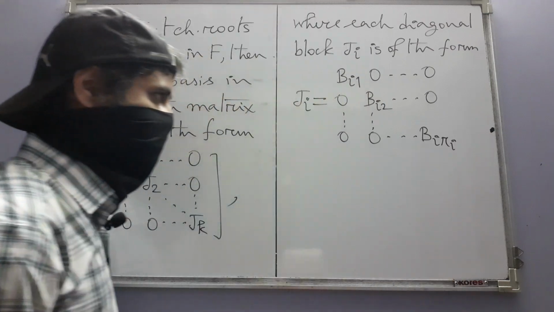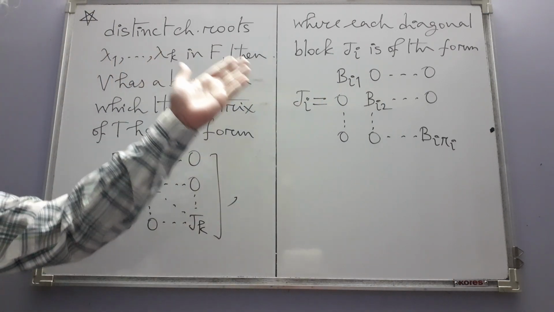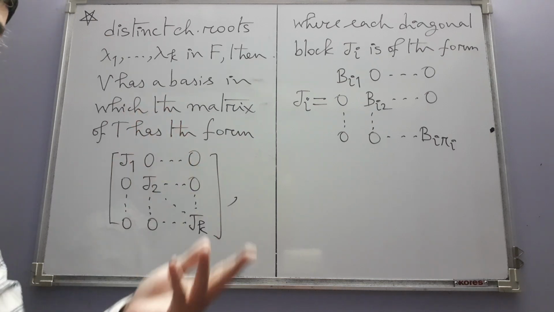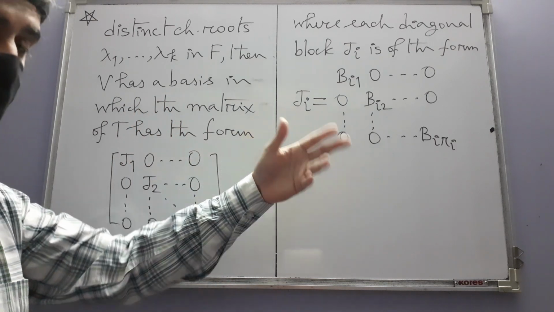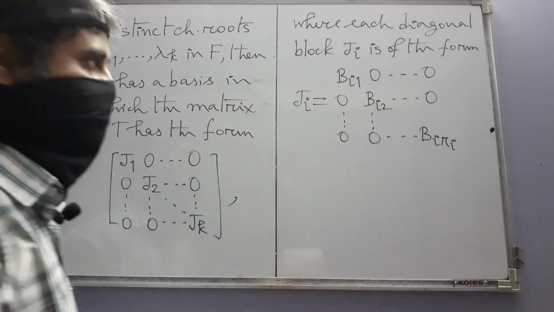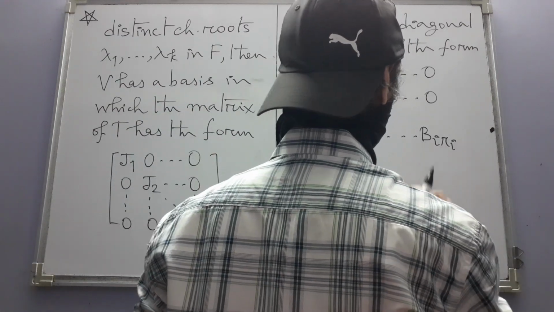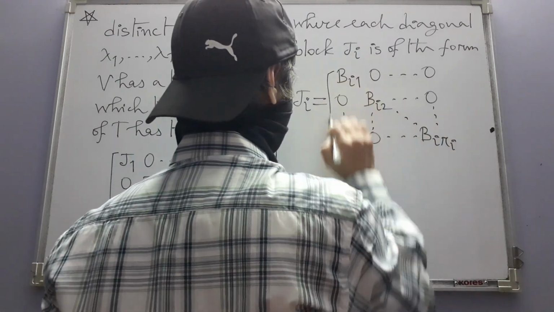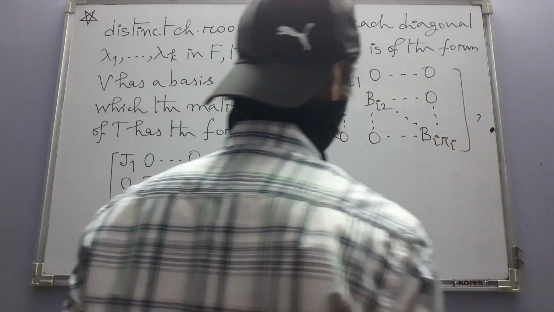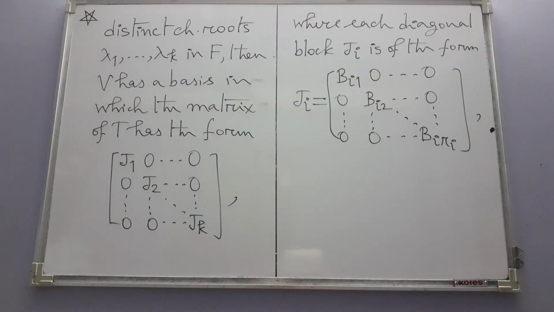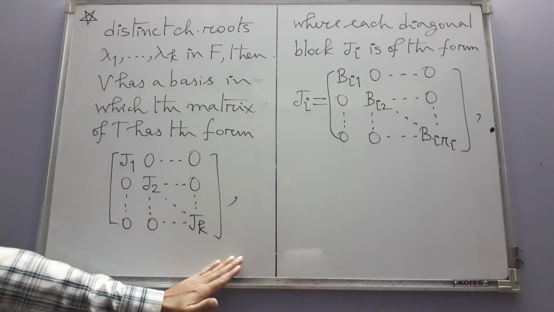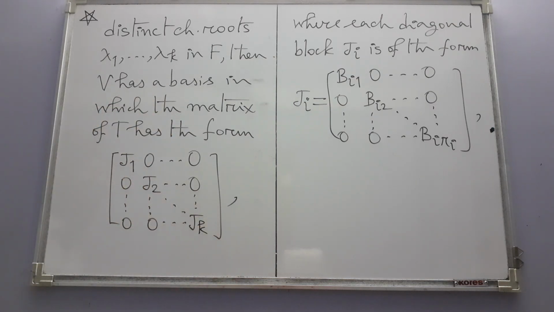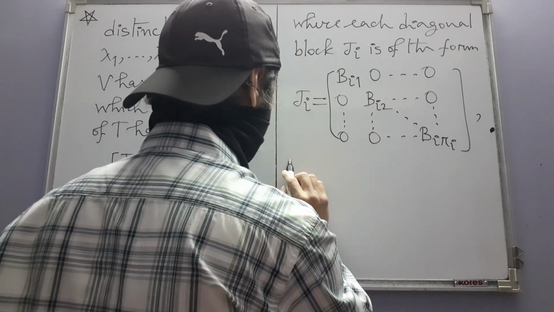This r itself depends on i because the size of it depends on i. How large, how small Ji will be, that depends on i. So we have ri, not simply r. Okay. So this is already a block diagonal matrix, but each Ji itself is a block diagonal matrix.